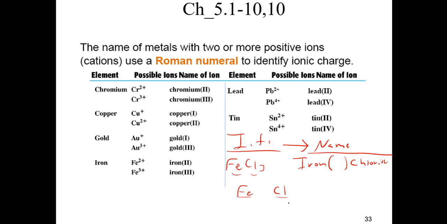But now we need to figure out what the charge is on iron. Is it Roman numeral 1 for a +1, Roman numeral 2 for a +2, Roman numeral 3 for a +3?